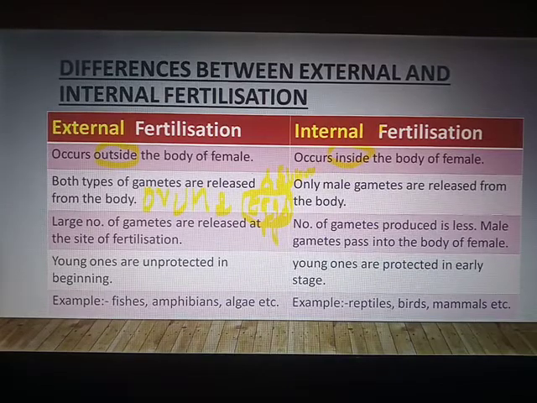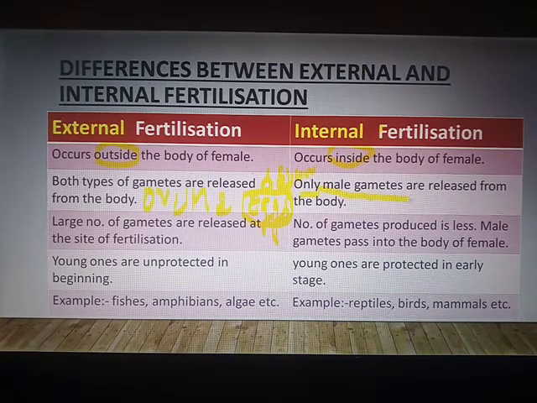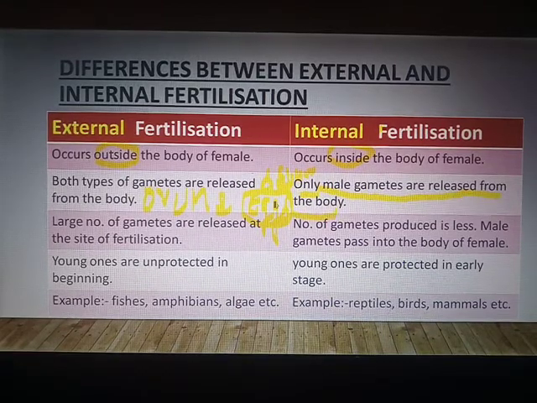Clear? But in internal fertilization, only male gametes are released from the body. As fertilization occurs inside the body of the female, male gametes are injected or introduced inside the body of the female so as to fuse with the female gamete.